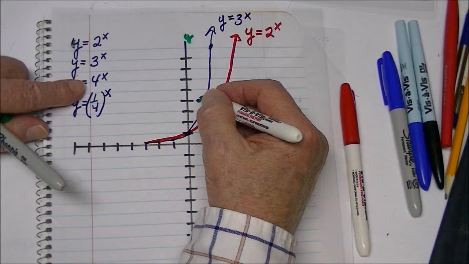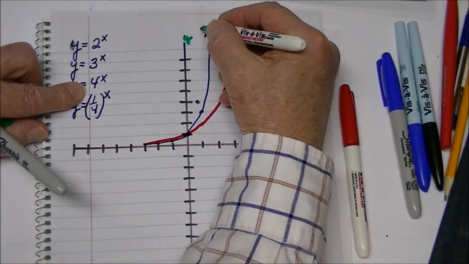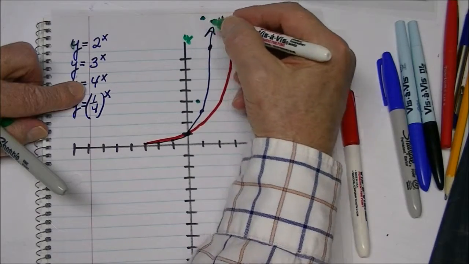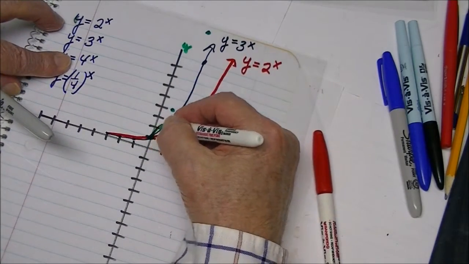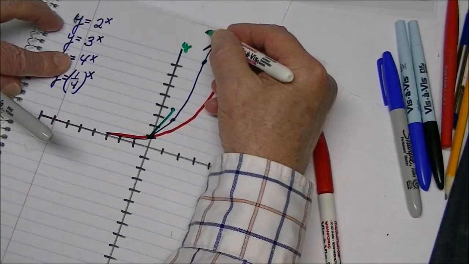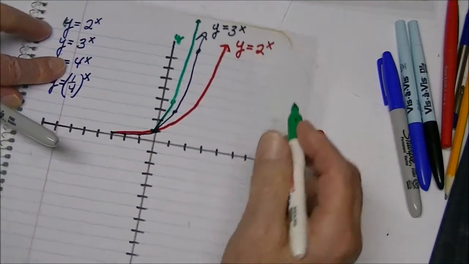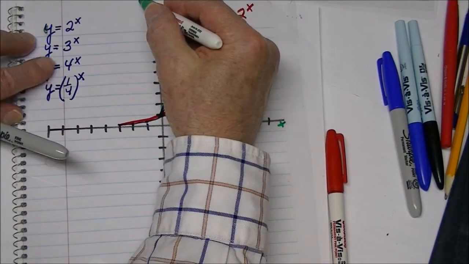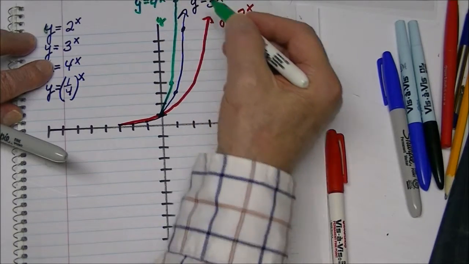And then 4 squared is 16, which is way up there. So this line, let me move this a little bit so I can draw it better here. Looks like so. So this is y equals 4 to the x.